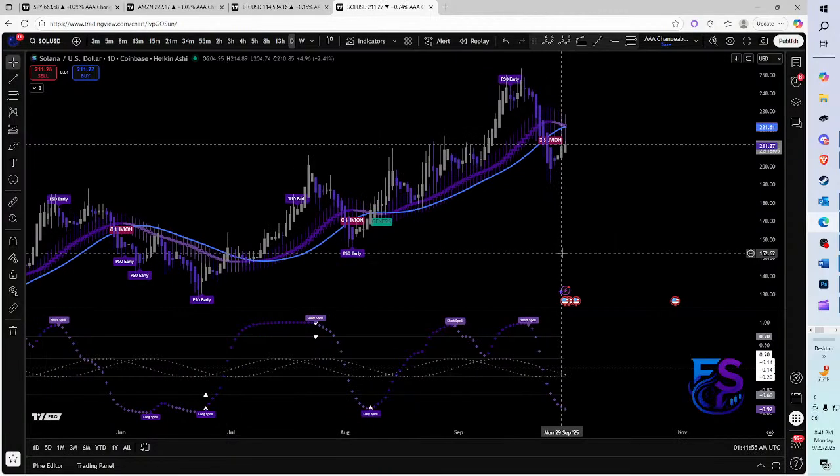By the way, as a part of our Discord, one of the things we do is we make these tiers of crypto specifically because all cryptos don't behave the same.